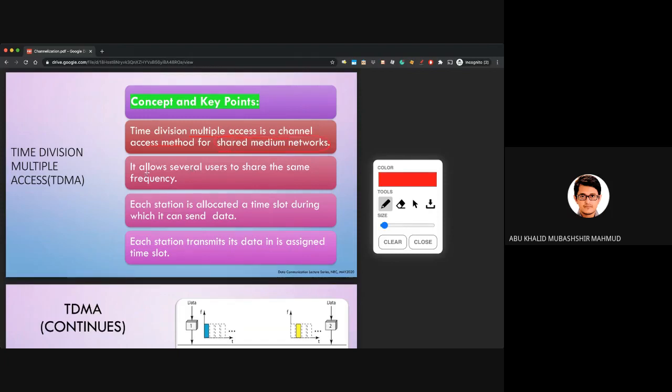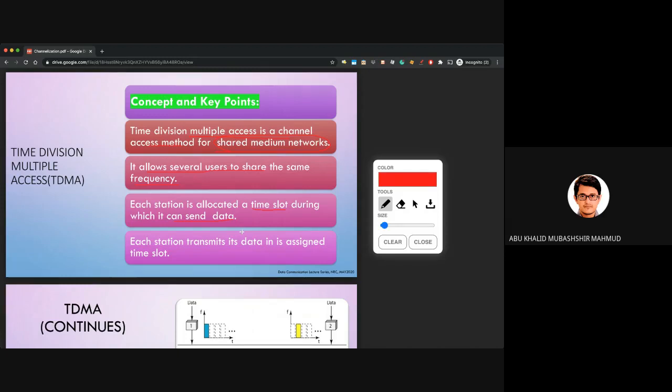It allows several users to share the same frequency, but my time slot is, for example, from 12 a.m. to 2 a.m. So each station is allocated a time slot during which it can send data.